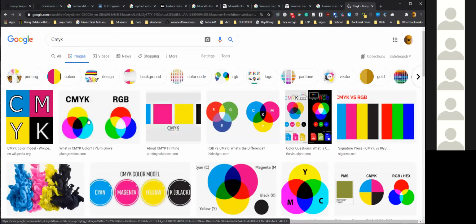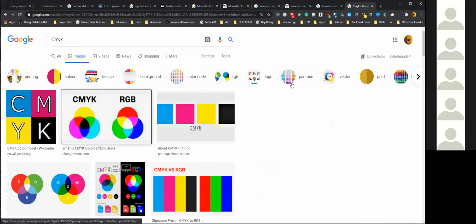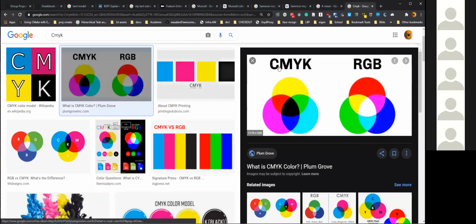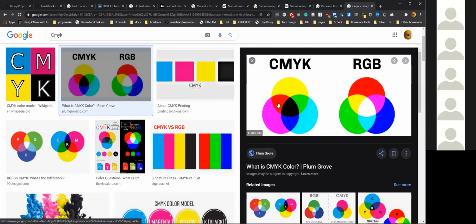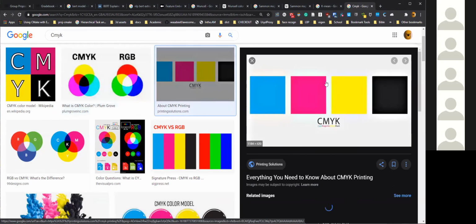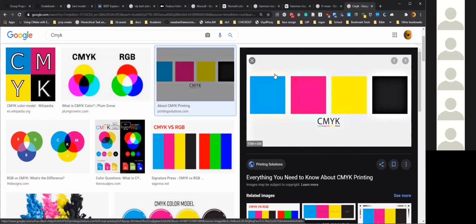The printer uses a different system, CMYK, which mixes cyan, magenta, and yellow because it's easiest to create for a printer. We use RGB because it's closer to the physics of how light works, but we use CMYK because it's easier for the printer to print this ink. Does it make sense so far?